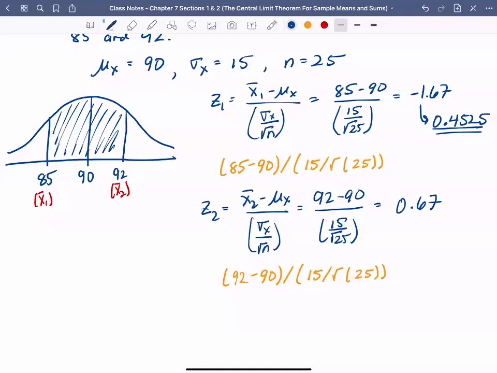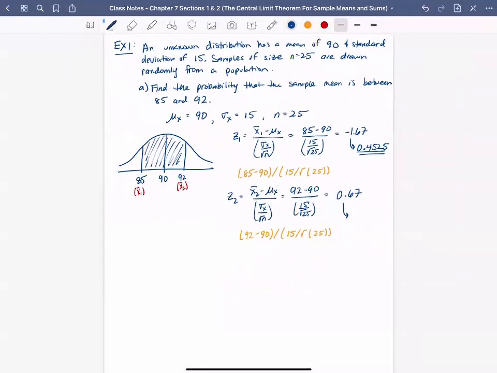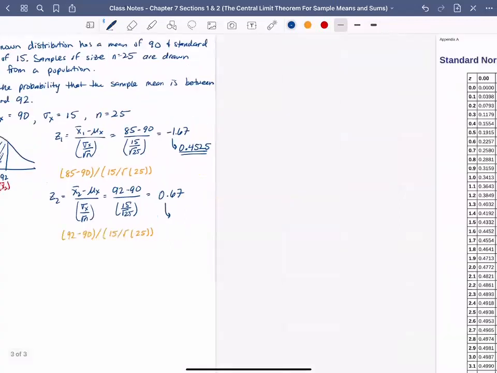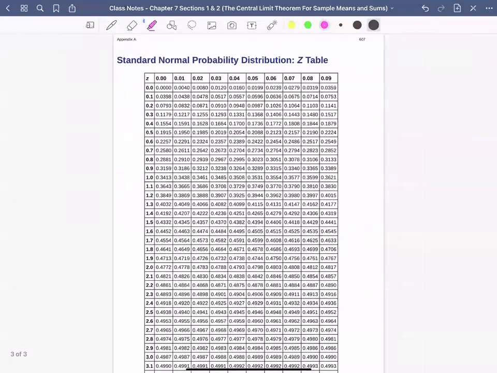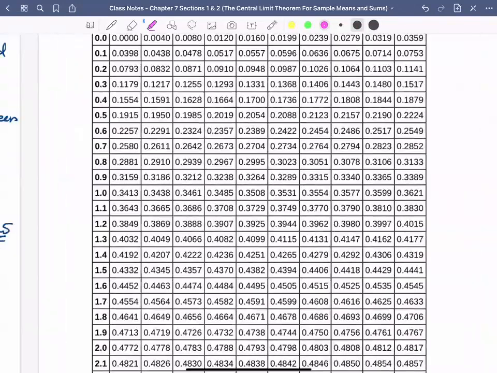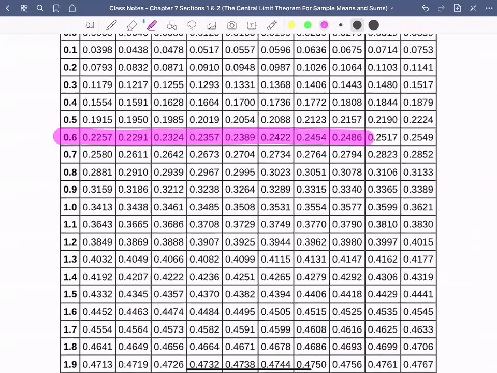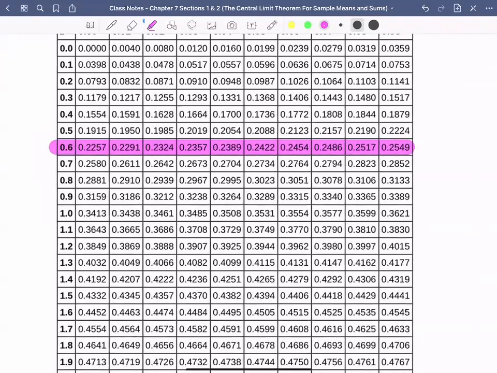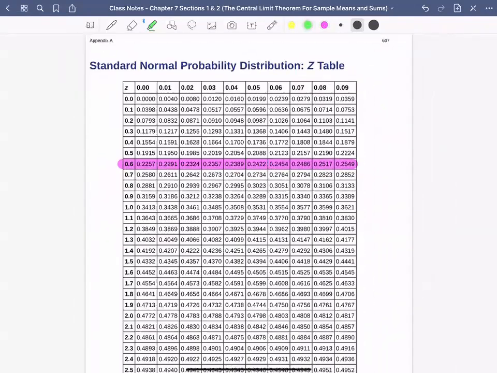So now what we're going to do, go to our z table here. So we're looking for 0.67. So 0.6 is right here. And then 0.6 and then 0.07 right here.